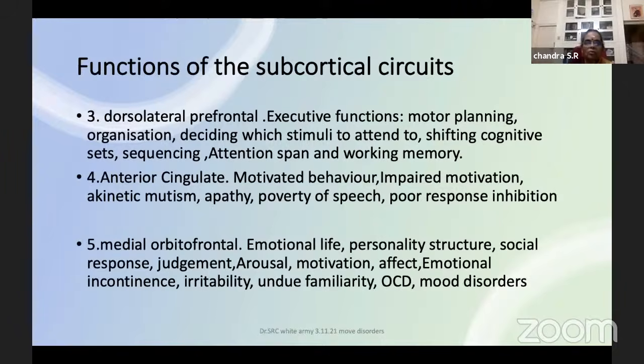And medial orbitofrontal: emotional life, personality, response, judgment, arousal, motivation, affect, and emotional incontinence, so many things. And irritability, undue familiarity. With strangers, patients will go and talk to them and show familiarity. They do not know who their own people are.